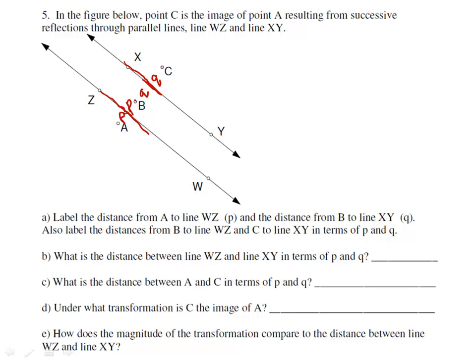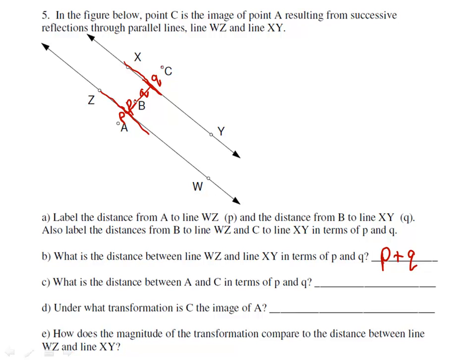You can see that from line WZ to B is P, and from B to XY is Q. So we would say that it's P plus Q. A frequent mistake students make on this particular problem is they want to multiply these values. This is addition. It's just this much plus that much. P plus Q.